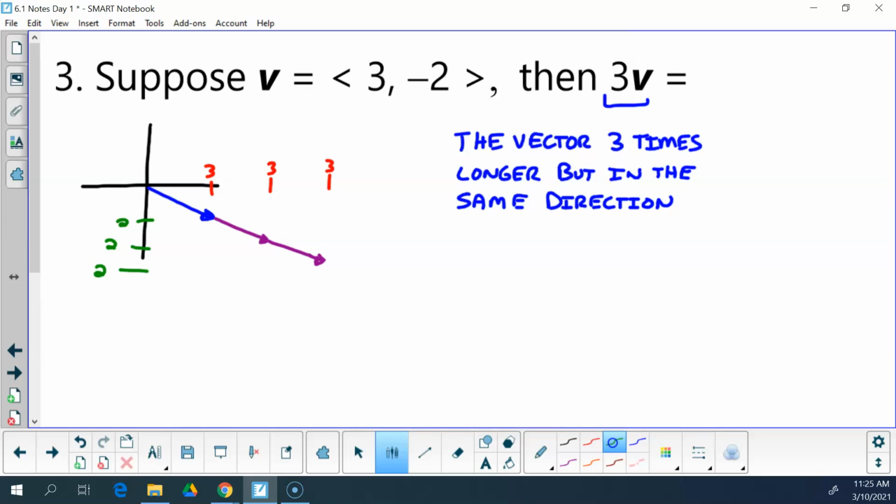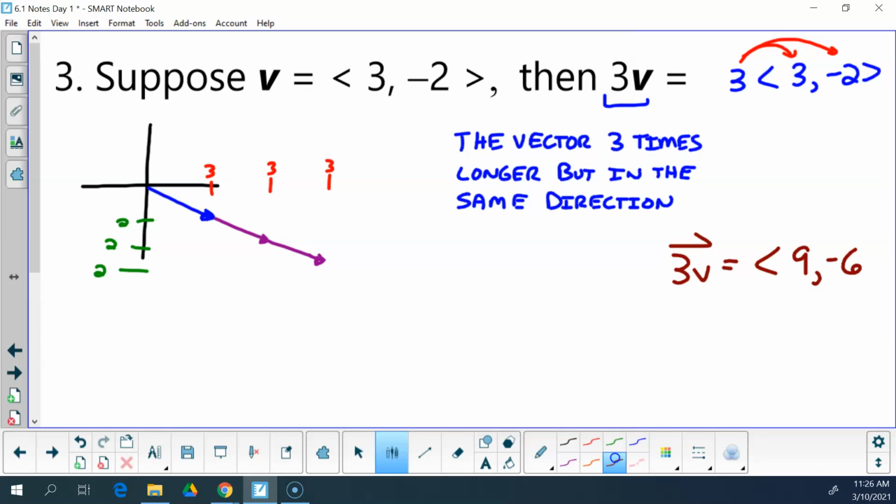So it should be the vector 9, comma, negative 6. Well, the easy way of doing that is you just take 3 and you distribute it in like we distributed in the negative sign, like I showed you before. And so we get the vector 3V is the vector 9, comma, negative 6.